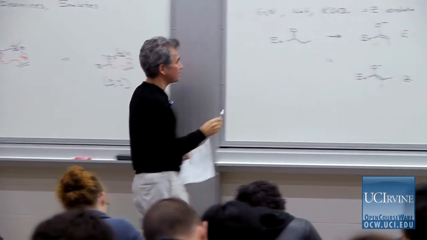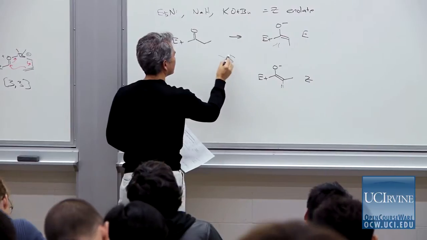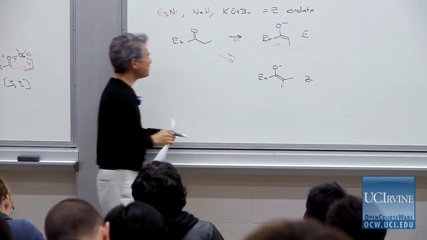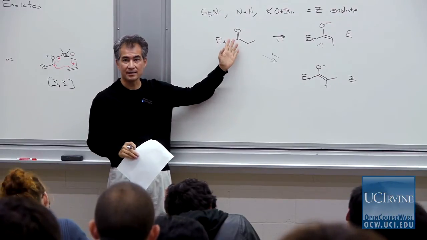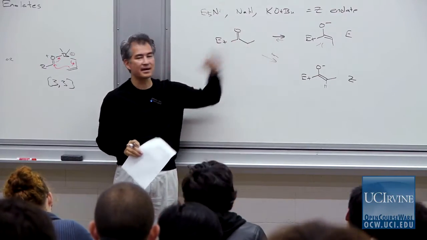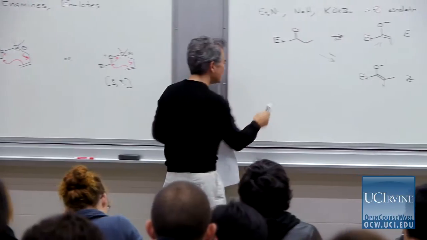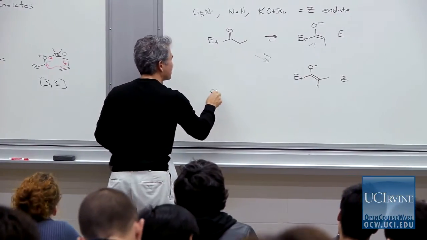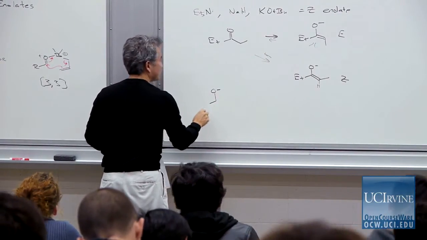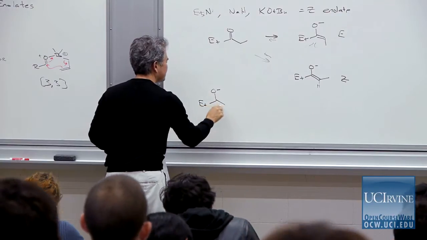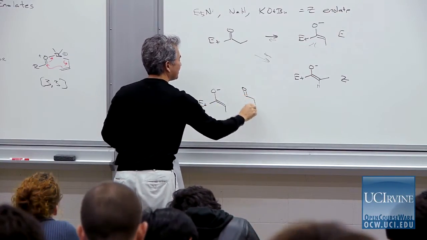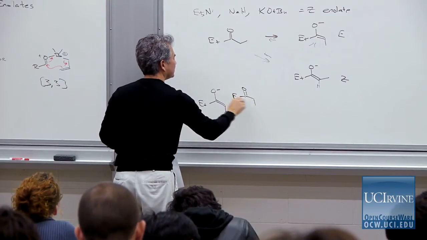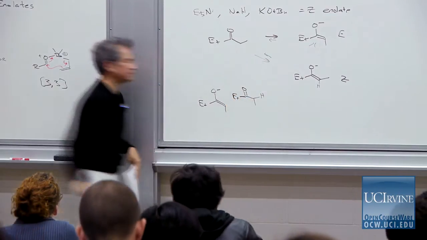What's going on here is that this is an equilibrium going back and forth. If you have even the tiniest amount of ketone present, it will help to catalyze the isomerization of these enolates. So let me show you how that works. Let's just suppose that we generate a small amount of this less favorable E enolate, like this, and you have any ketone left over in solution with alpha protons on there.